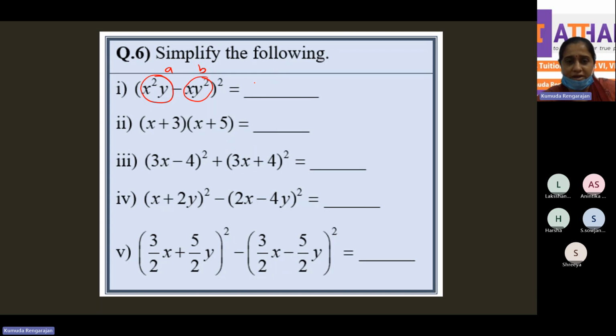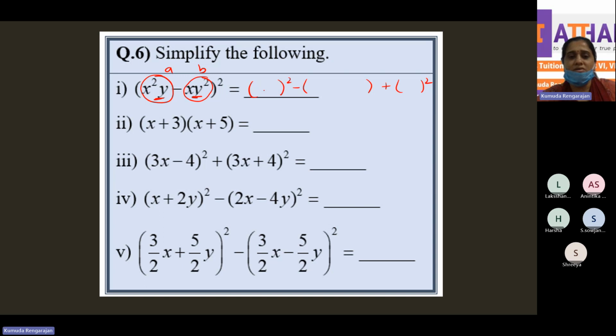A squared minus 2 into A into B plus B squared. So the answer is A squared minus 2AB plus B squared, where A is this and B is this.